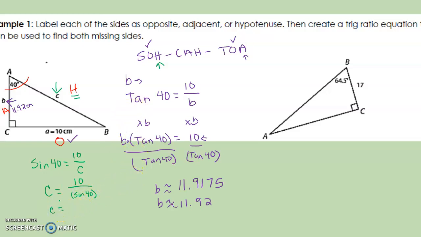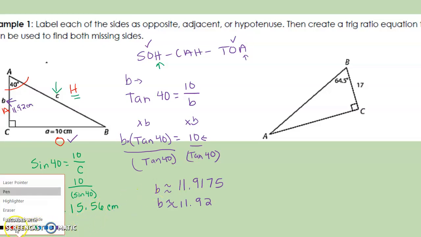I'm just going to go to my calculator. I'm going to press my fraction button, 10 in the top, sine 40 in the bottom, and I get C is equal to approximately, let's round to the nearest hundredth, 15.56 centimeters.